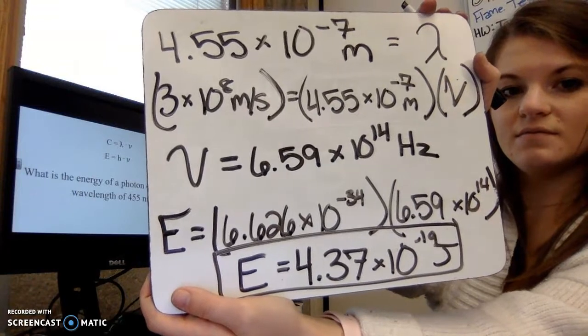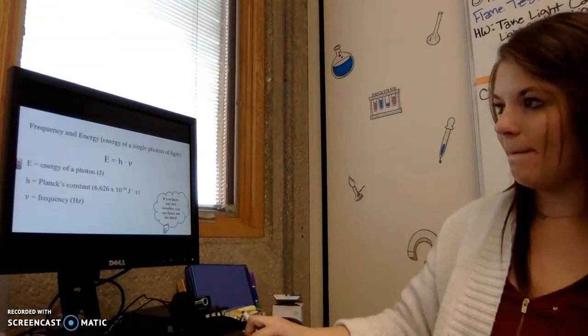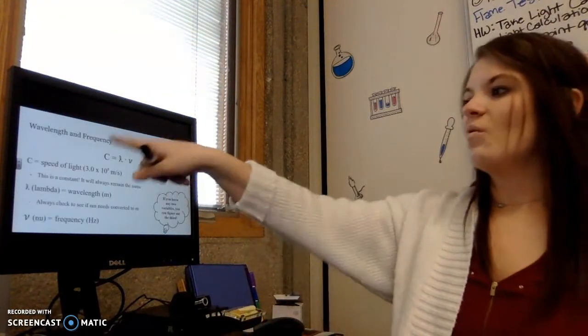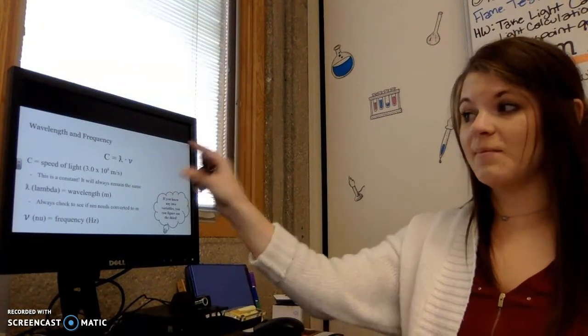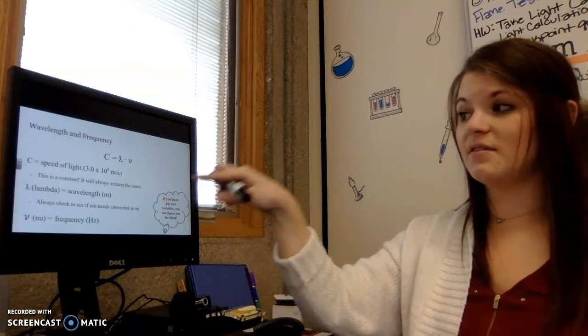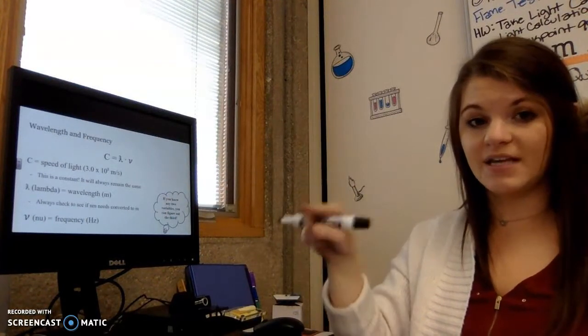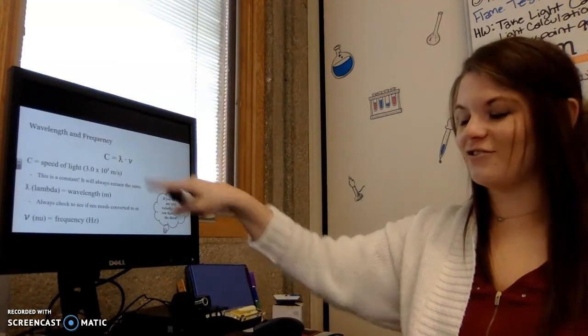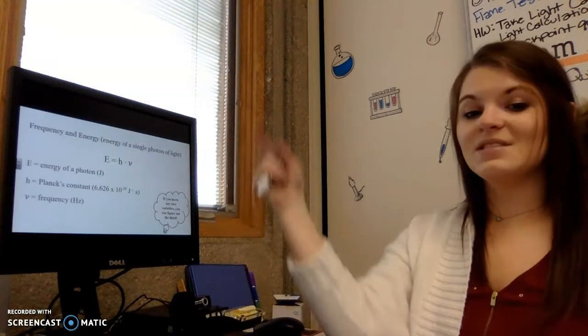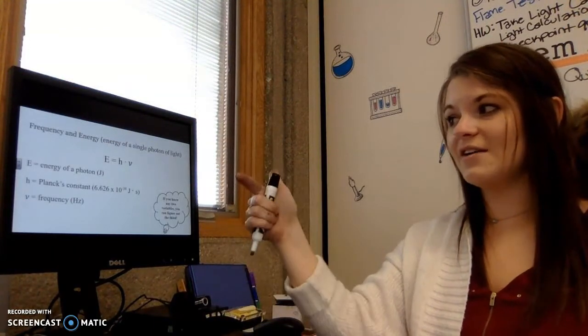Okay? So a little recap. Wavelength and frequency. Our new constant here is capital C, or the speed of light, 3 times 10 to the 8th meters per second. So we have speed of light, wavelength, and frequency. Second relationship, we have frequency and energy.